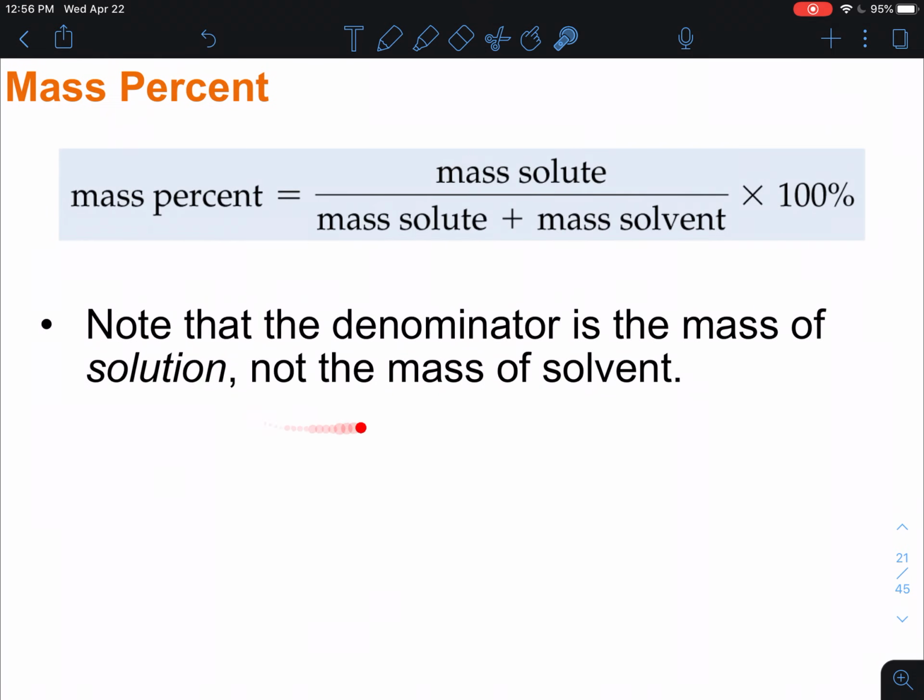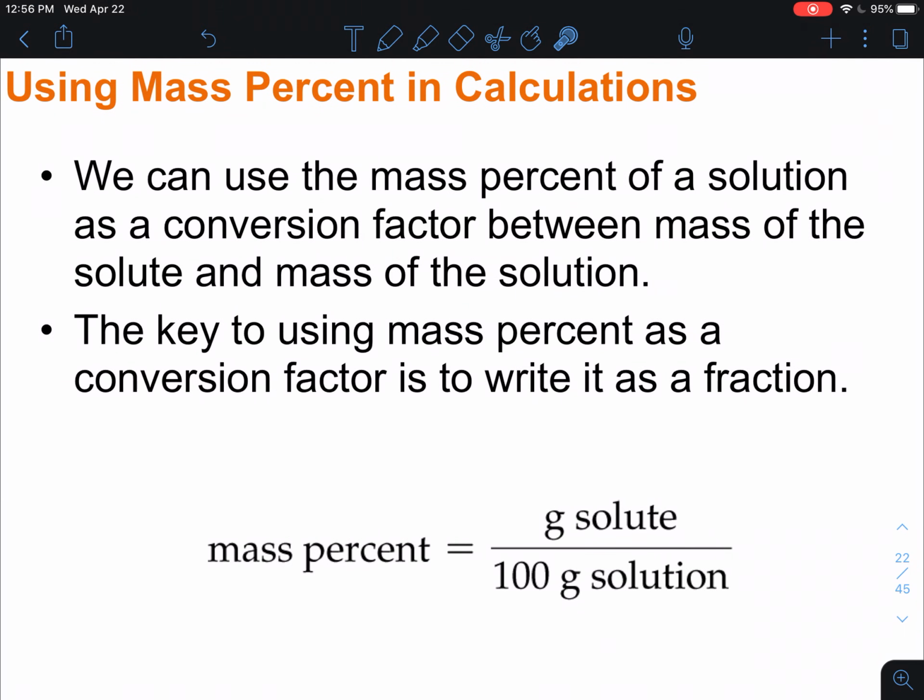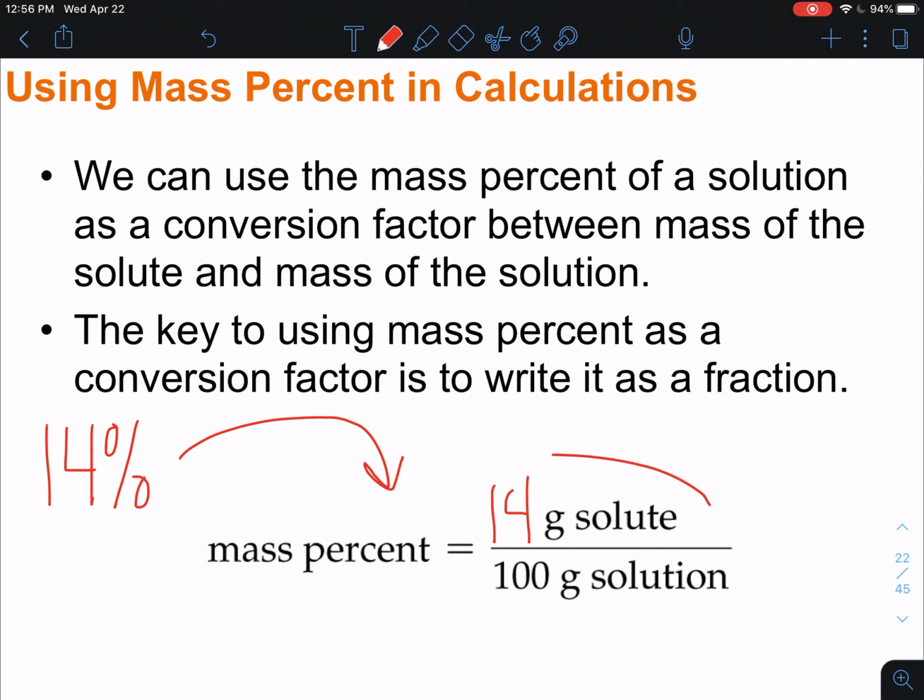This is just a replay of what I just said. So again, we said that we can use mass percent in calculations. We can use it as a conversion factor between mass of the solute and mass of the solution. The key to using this as a conversion factor is understanding that mass percent can be written as a conversion factor. So for example, if we have 14% like we did on the last slide, of some solid, that means that it can be translated as a conversion factor where you have 14 grams of solute per 100 grams of solution.